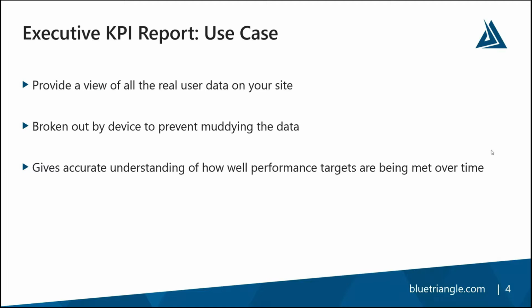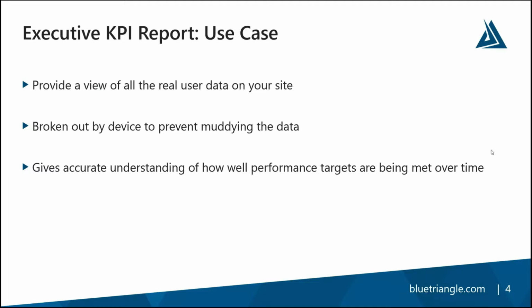This executive KPI report is also meant to give you an accurate understanding of how well performance targets are being met over time. And this is probably the most important part. KPI, of course, stands for Key Performance Indicator. The KPIs in this case could be performance metrics. And if you're trying to target specific performance goals in order to have better business outcomes on your site, it's useful to be able to trend those over time and figure out where you might be lacking.